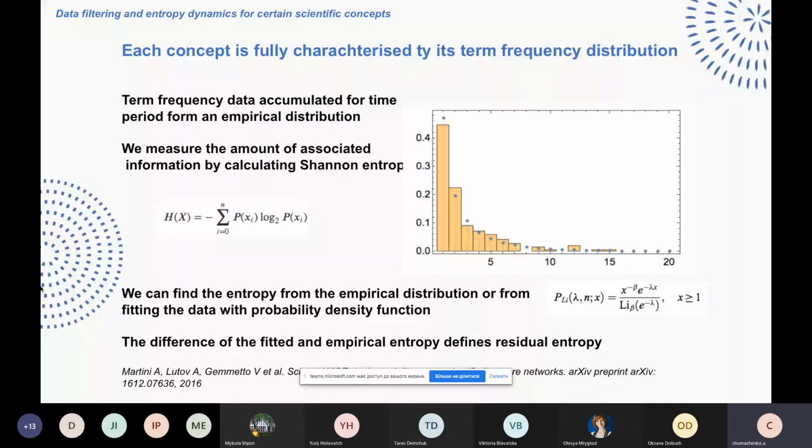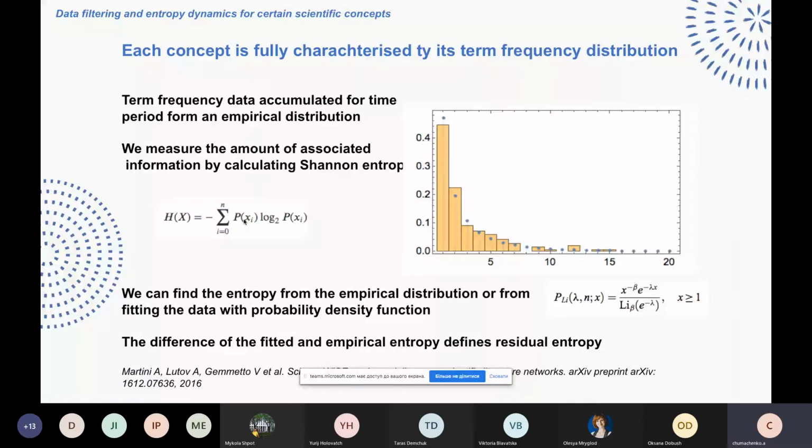If you take a particular concept and count the papers that mention it at least once, you can set them on a vertical scale here. For example, 450 articles mentioned a certain concept only once. Then there would be fewer articles which mentioned it twice, 3 times, 4 times, and so on. So we have an empirical distribution of mentions of a particular concept. Then we are able to calculate the Shannon entropy from this data. It's explained here. You have a formula for this, but it's only one way to do that.